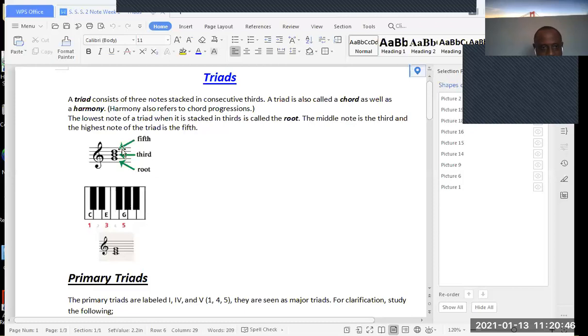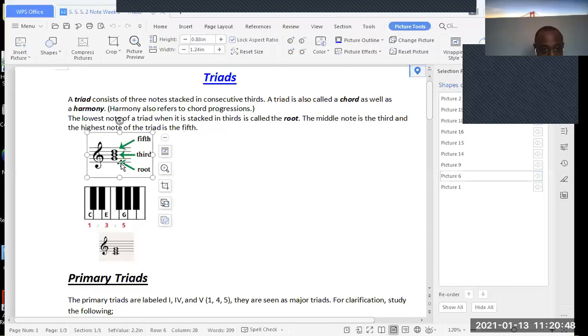I hope that everything that is written here is very clear now. The root, the third, and the fifth.